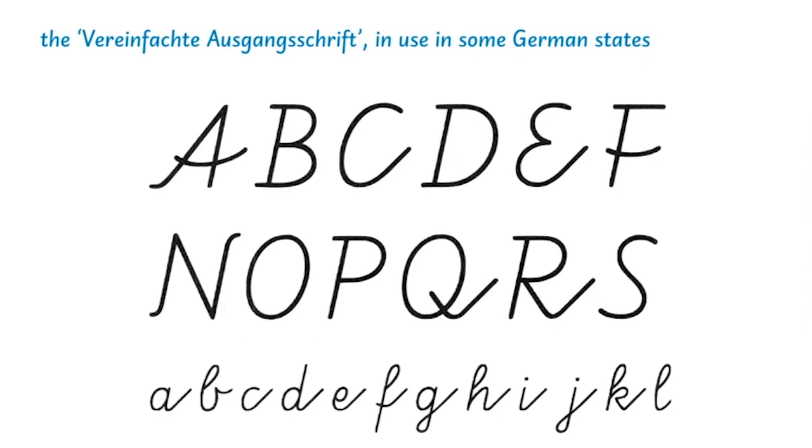And this problem that we're seeing, where technical ability influences how reading and writing is taught, is not exclusive to Austria.